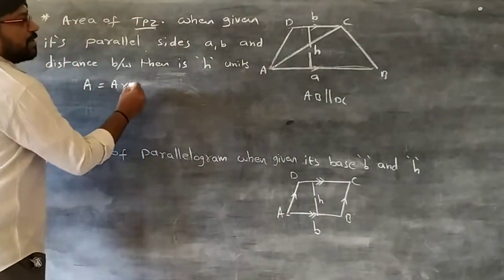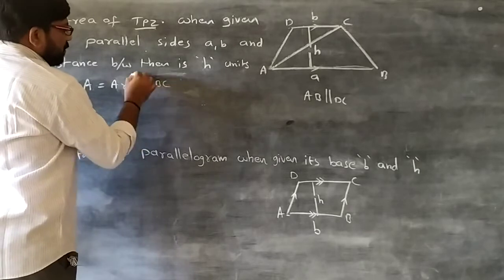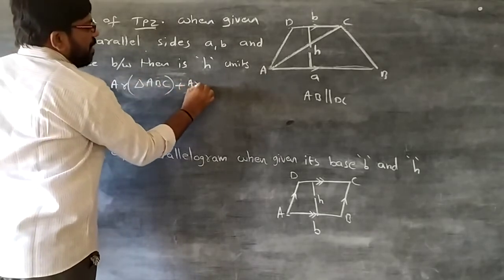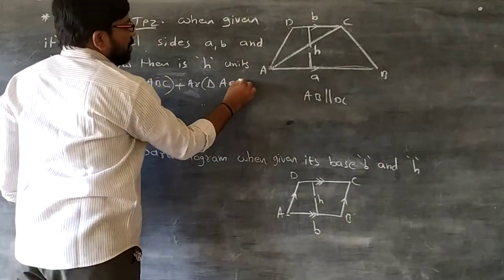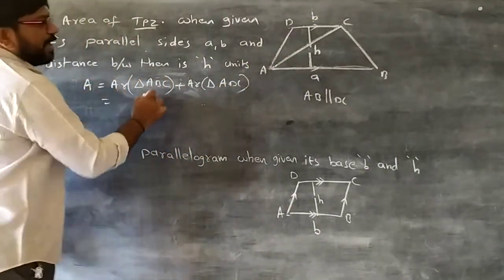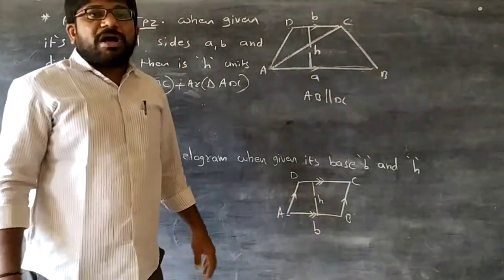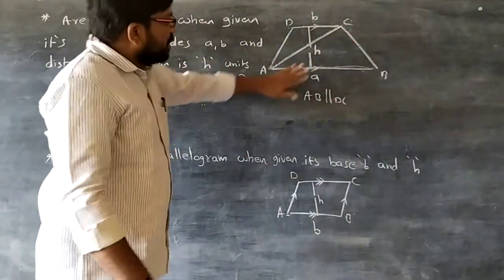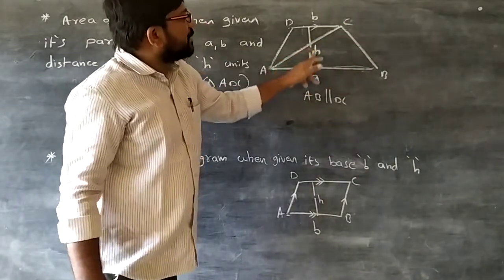Area of triangle ABC, we know very well the formula: half into base into height. Here the base and H is common.